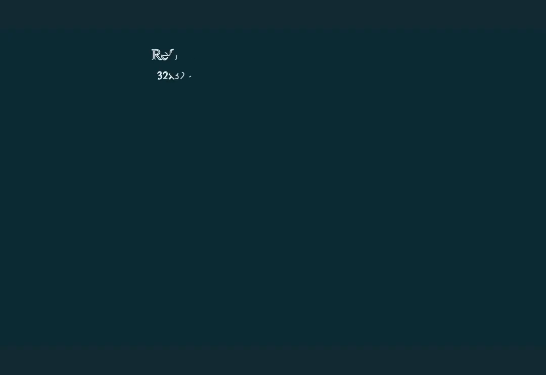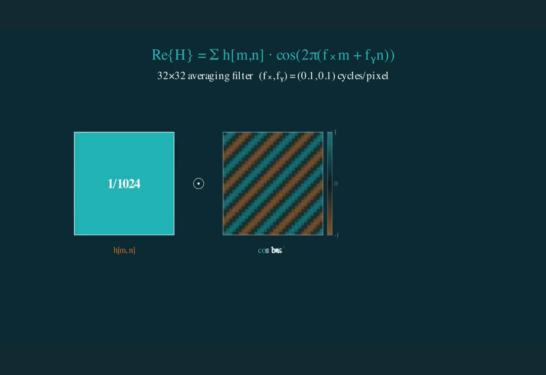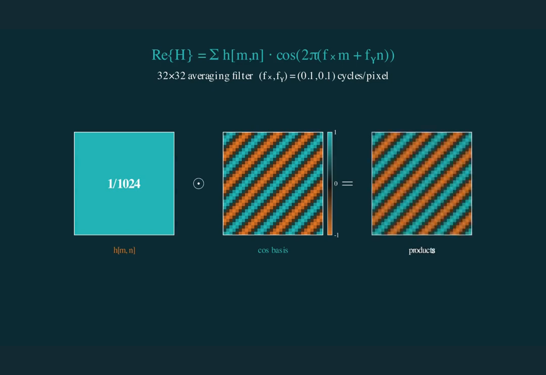Now, in this sequence, I'm showing you the exact same thing, but for a higher frequency. And now notice that I'm comparing the image consisting of the filter coefficients to a much more rapidly varying cosinusoidal field. And as I showed you in the last sequence, the result has exactly the same shape.